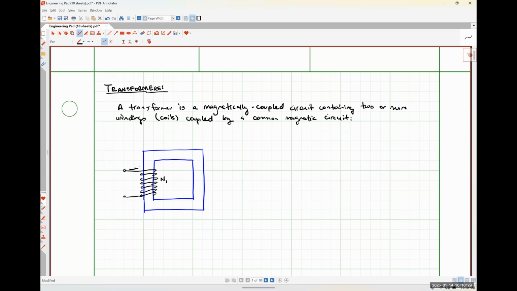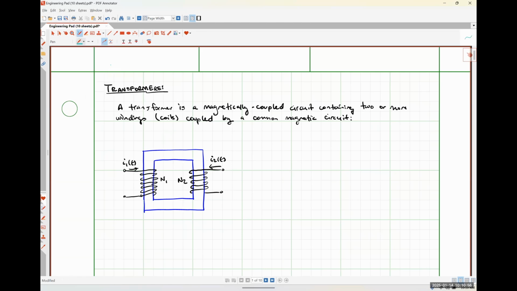It'll have a current I1 of t flowing through it. Then I'm going to put a second coil over here on the right-hand side. I'm going to wrap it in this direction, like so. I'm going to pass a current of I2 of t down it. This coil has N2 turns.